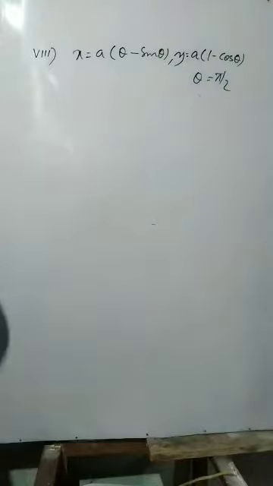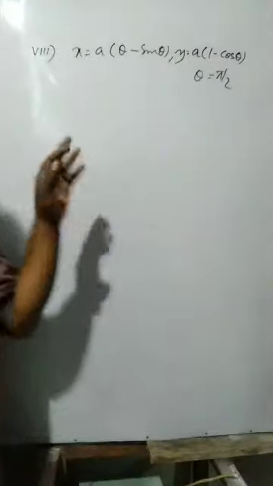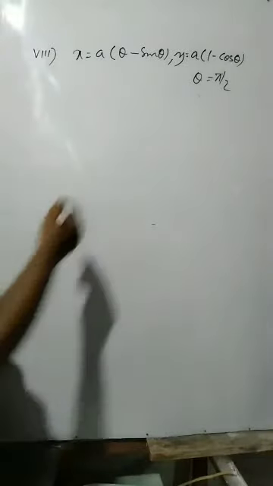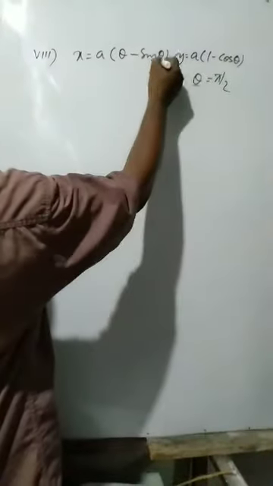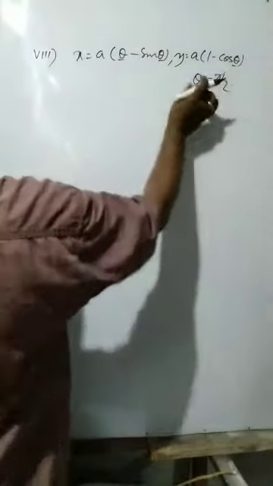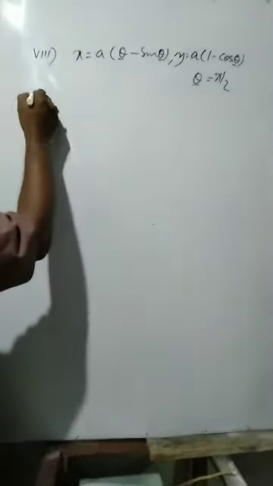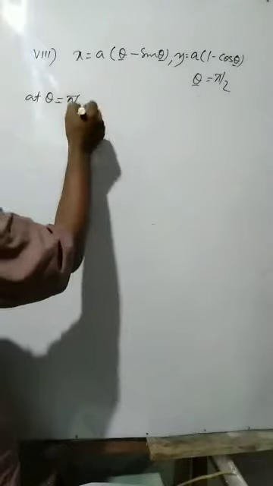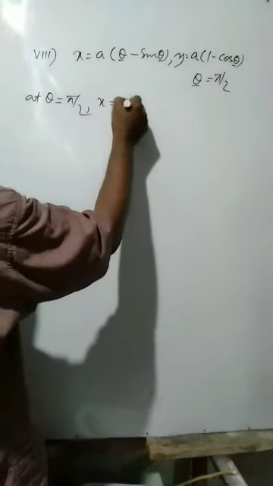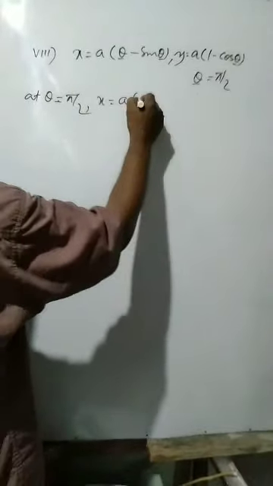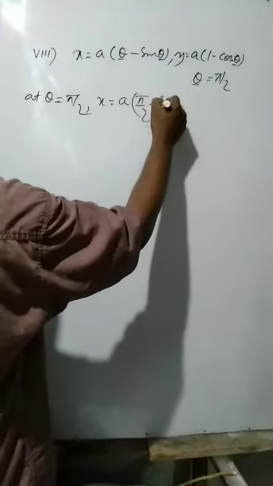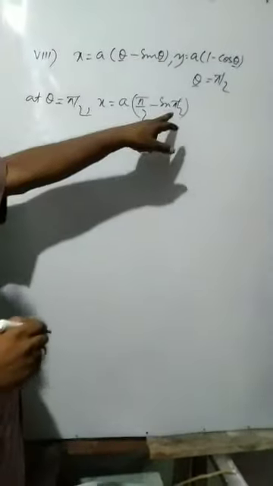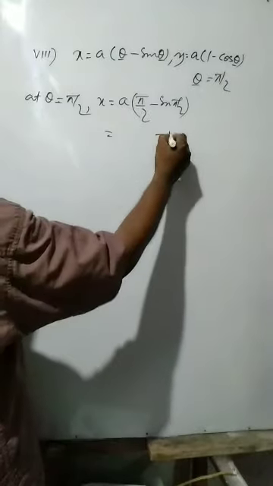So first of all we have to find the value of alpha beta, the point we have to find out. How to find this? Instead of theta you put pi by 2. Then at theta equal to pi by 2, x equal to a into pi by 2 minus sin pi by 2. Sin pi by 2 means sin 90 equal to 1, so this is minus 1.